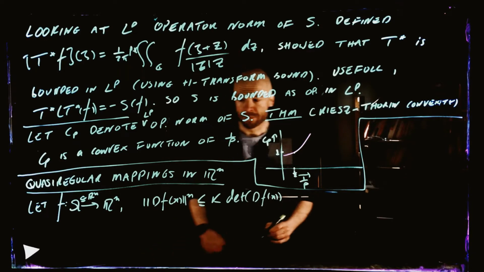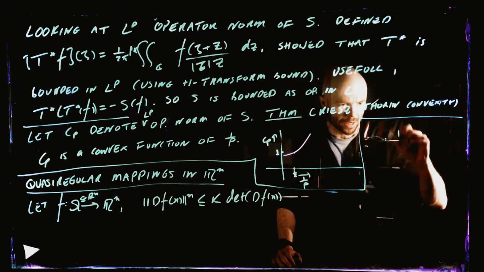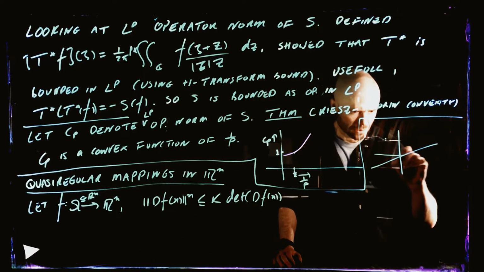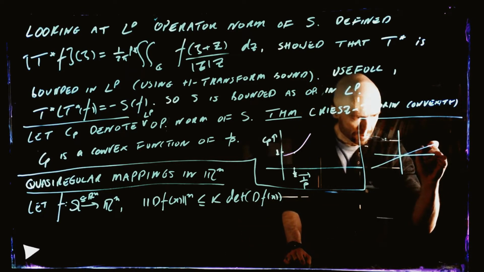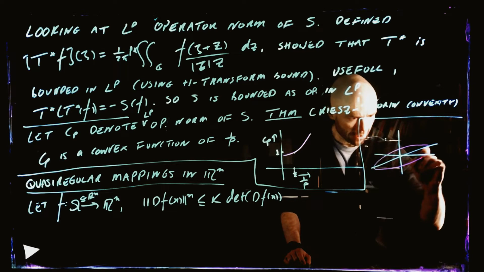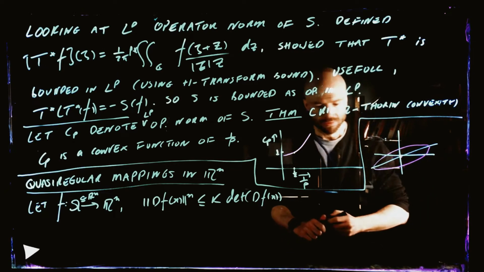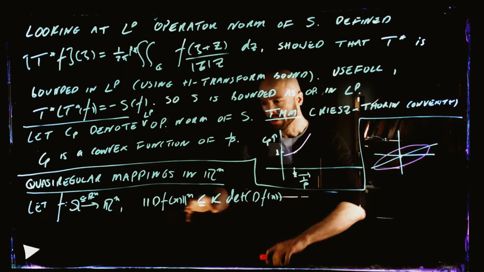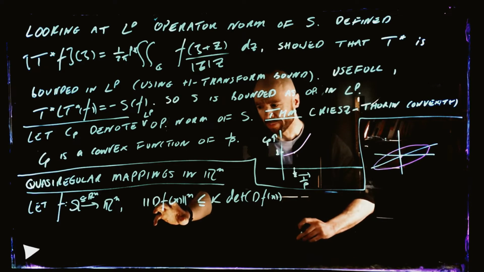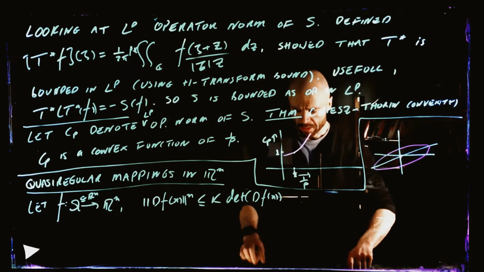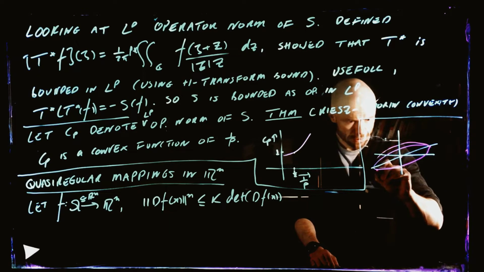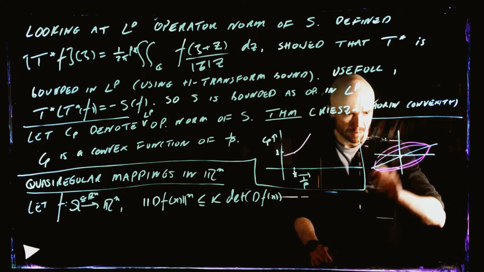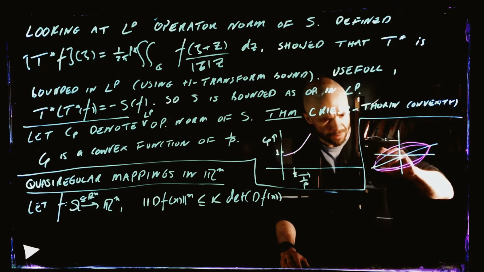And the picture is the same, so I can try and do this in 3 dimensions. So if this is the shape of the image of the solid 3-dimensional ball with the gradient of the mapping f at some point x, imagine it forms some kind of an ellipse type shape like this. Then what is the operator norm? It's the longest side of this ellipse.